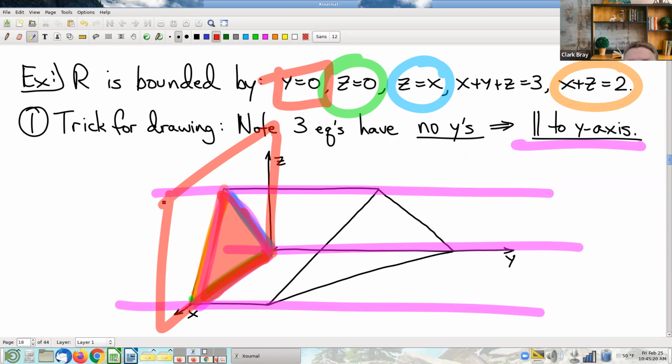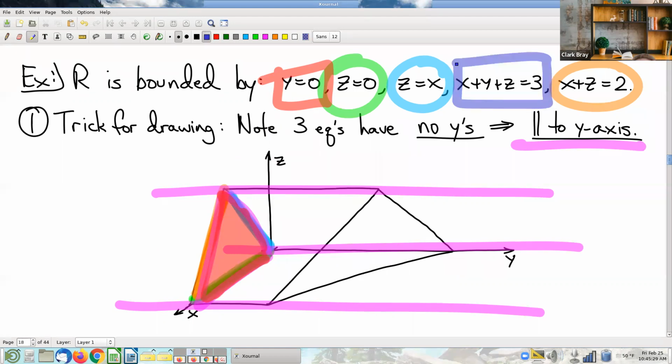And then the one that is a little bit artistically challenging is this one here. It's an angled plane. It's angled in all 3 directions. If you will, its normal vector is kind of coming out of the screen at us. And oh gosh, let's see if I can.